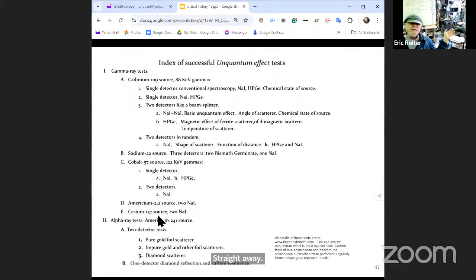And so, all right, I did the experiment all these different ways, different detectors, alphas and gammas and so on. You could see that in my other lecture.